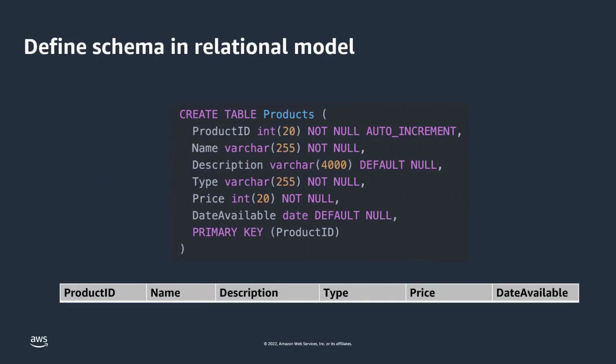Now, defining a schema in a relational database is done at table creation time. And you may recognize here the syntax for creating a table in MySQL. You need to define the column names and also the parameters for each one. We end up with a tabular model where data is inserted as rows.